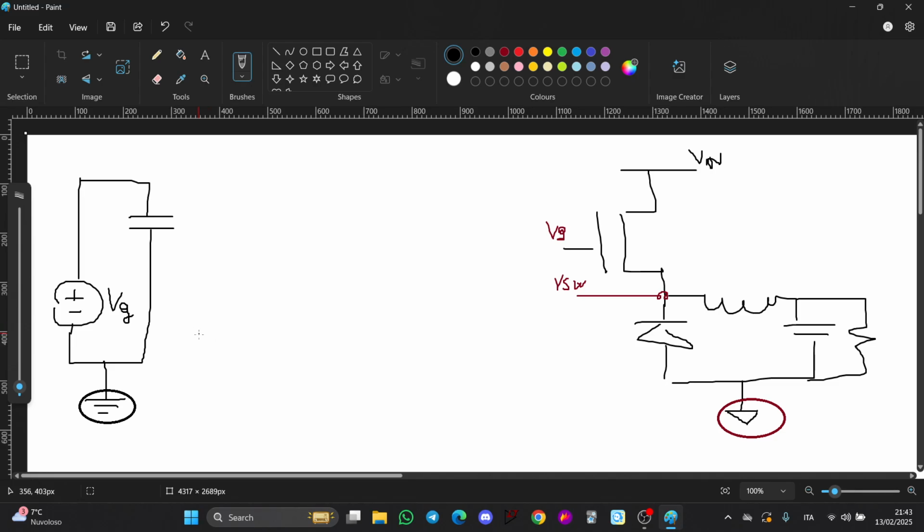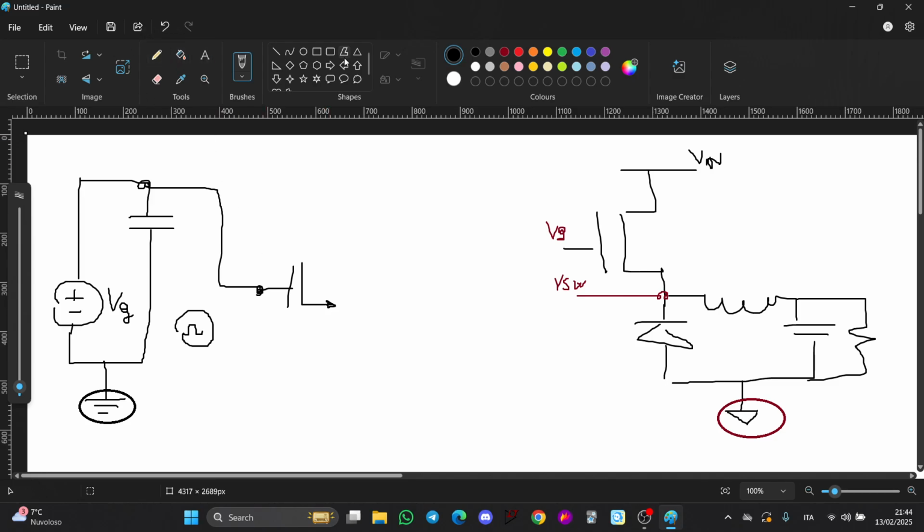The microcontroller or some kind of logic will generate the PWM. Now you don't care how this PWM is level shifted, but just because I want to change topology, let's suppose that this is a common gate level shifter. The common gate level shifter has the gate clamped to the power supply, like this, and the signal is present in the source.